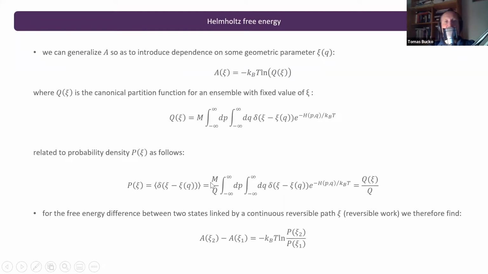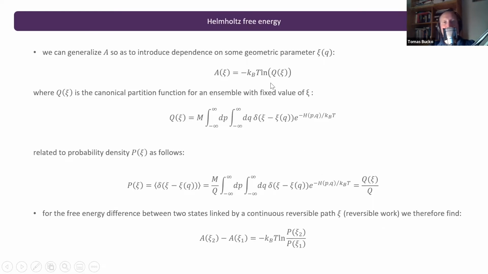Now it is easy to see that this partition function is intimately related to probability density. By simple rearrangements you can see that probability density can be expressed as psi-dependent Q over the partition function.